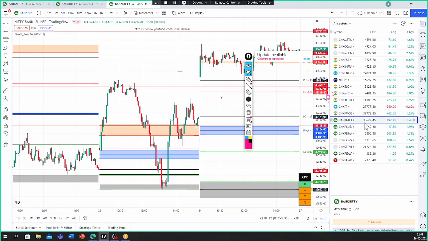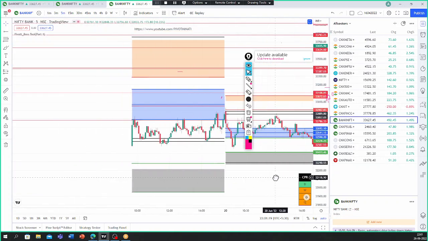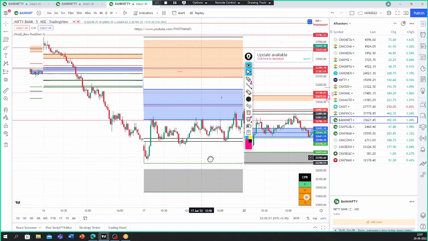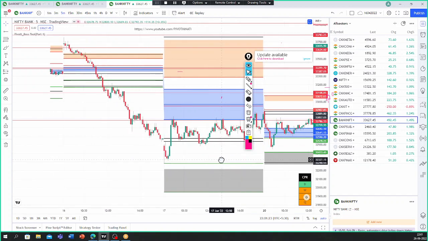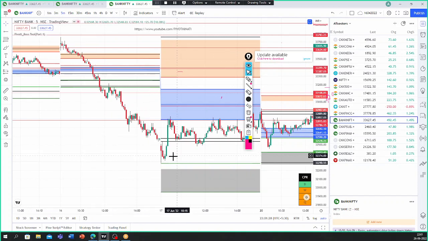Great. So if I take this example, right, where that went. Now see, this is not a huge gap or gap down, right? If you see, there is not much difference.